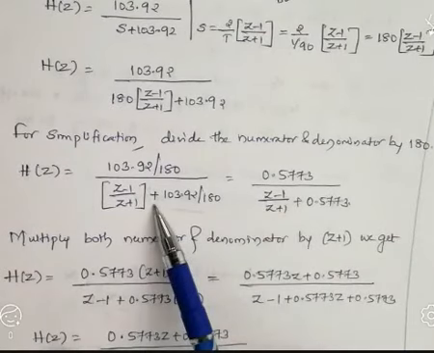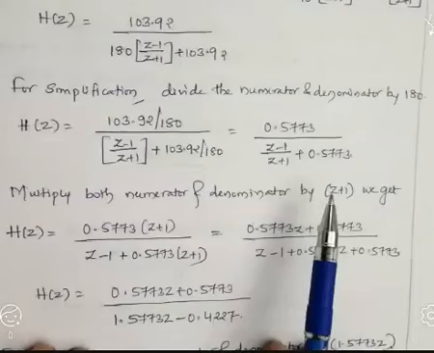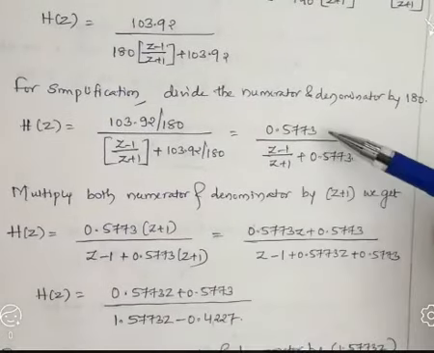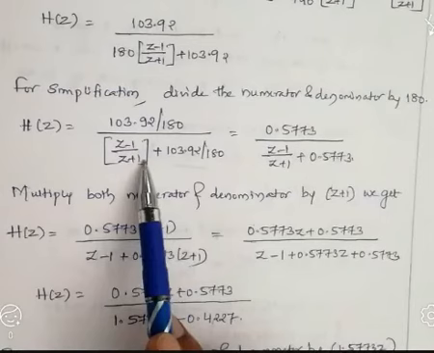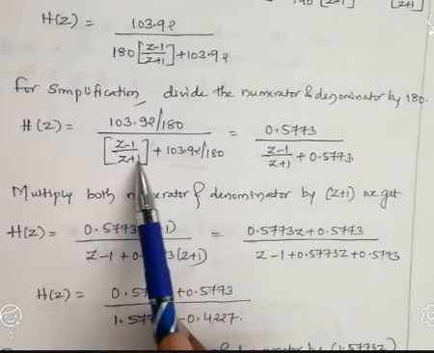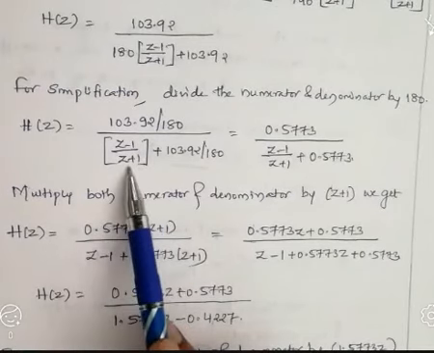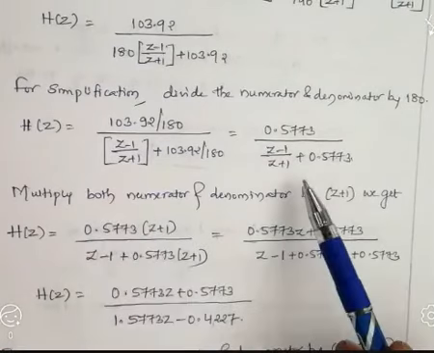For further simplification, to eliminate this term, I will multiply the numerator and the entire denominator by z plus 1.